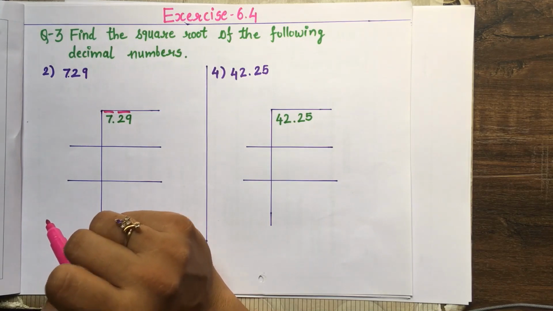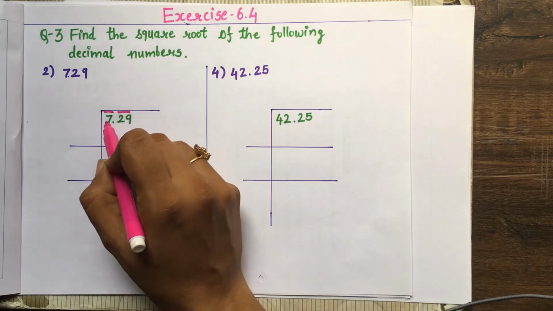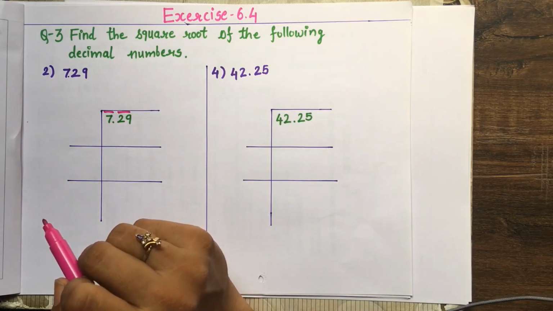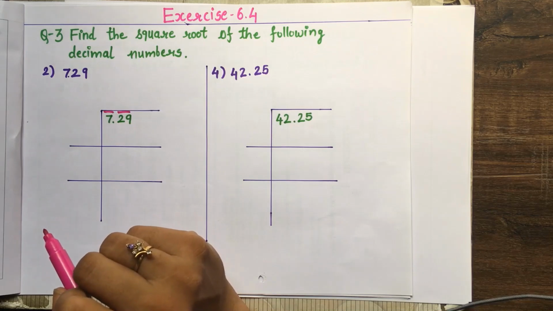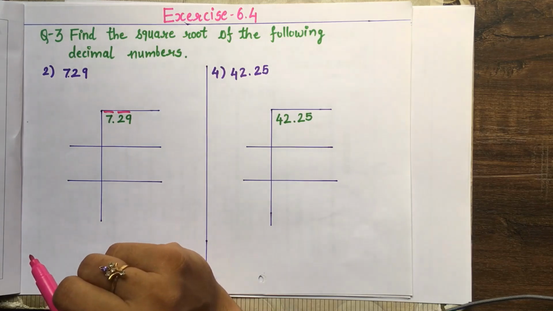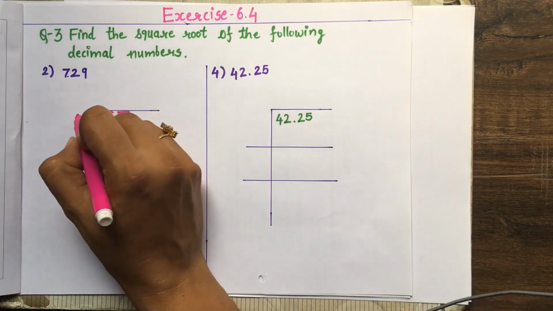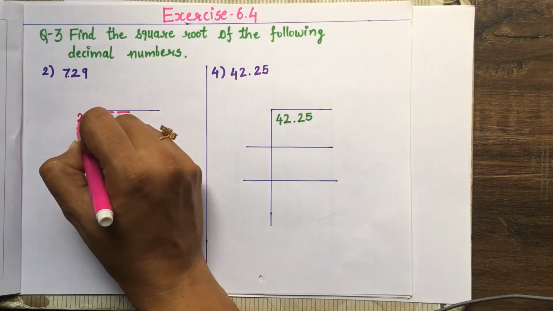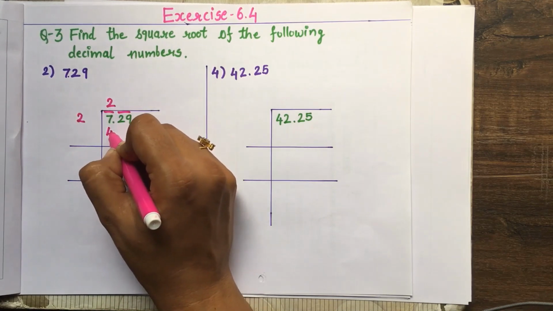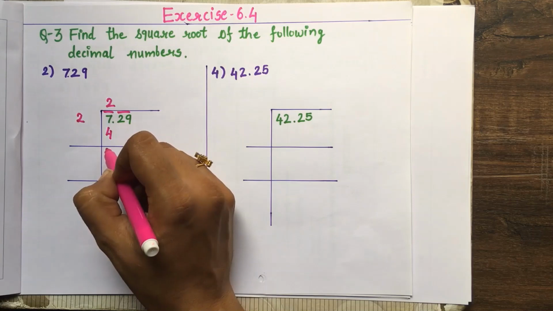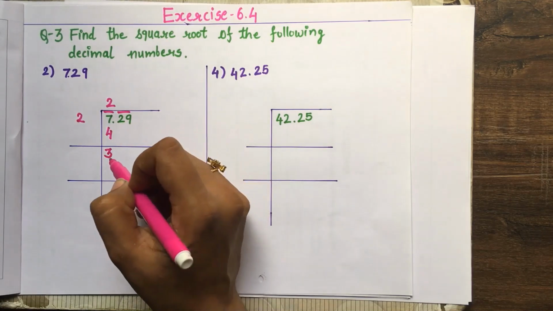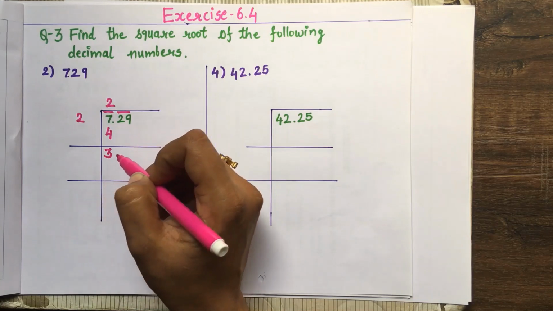Now, starting with 7, the perfect square number which is smaller than 7 is 4, and the square root of 4 is 2. So we will start from 2: 2 2s are 4, and the subtraction of 7 and 4 gives 3.